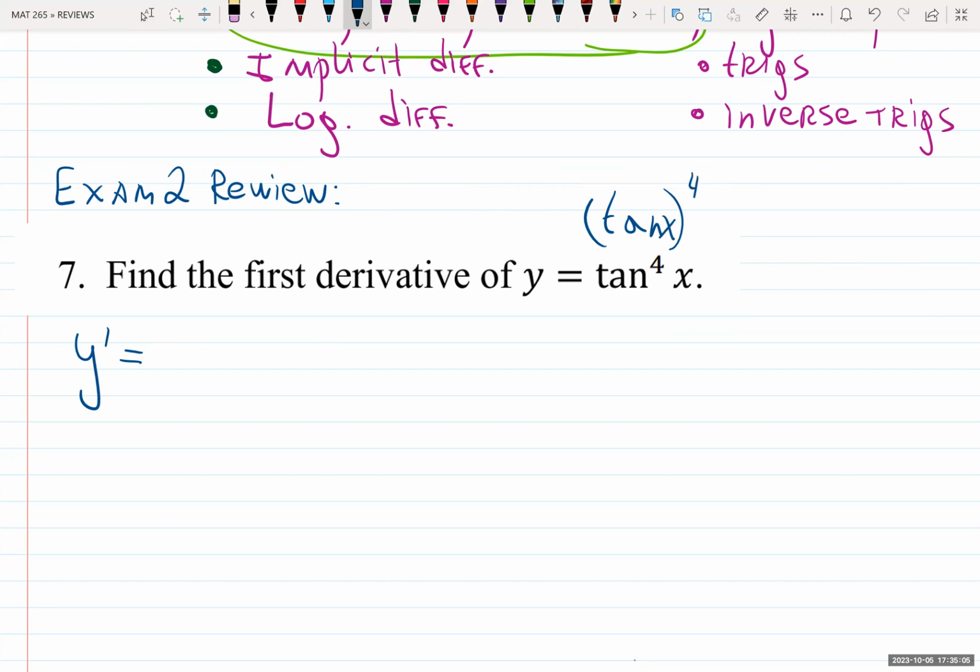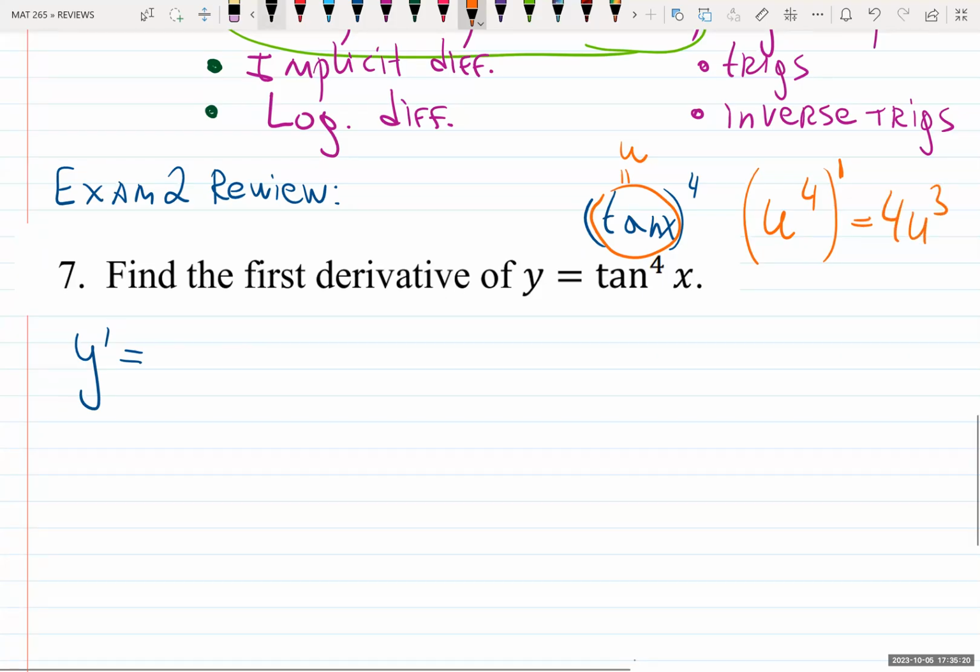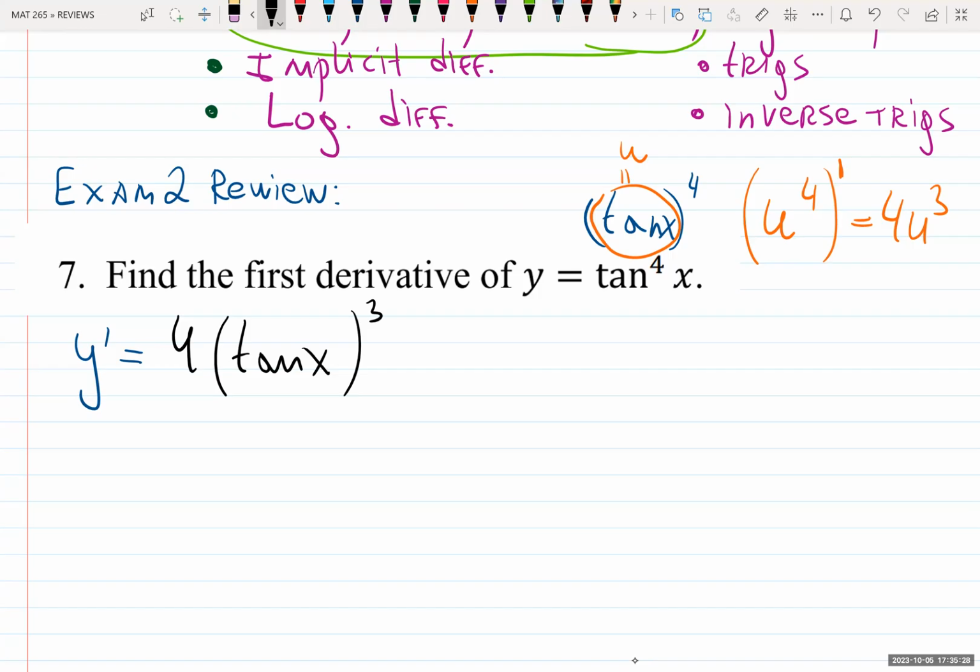First I see that the stuff inside is some kind of function. Let's call it u. I know how to work with u to the 4. U to the 4 is 4u cubed. Okay, so I can do that. I write down 4u cubed, but then u was a substitution, so why not put it back right away? Because you have to answer in terms of x anyway, so just put it back.